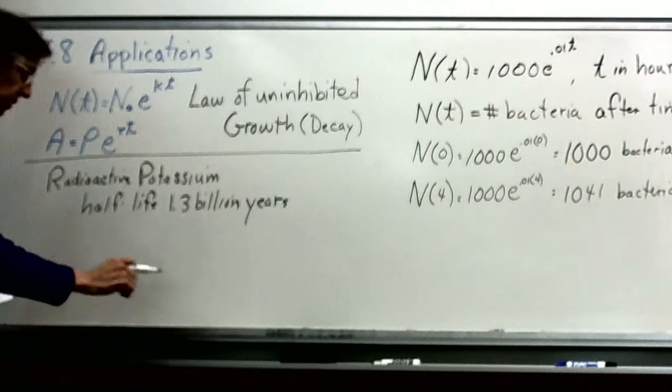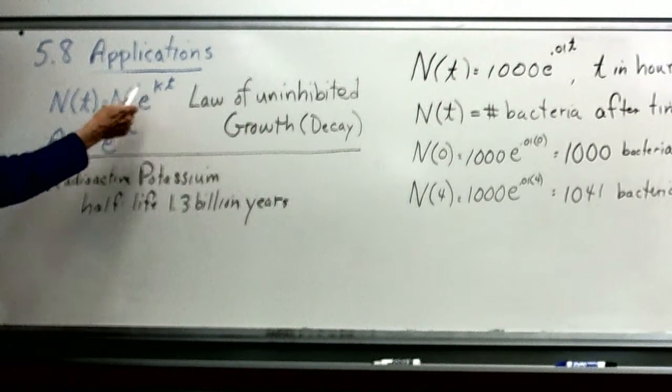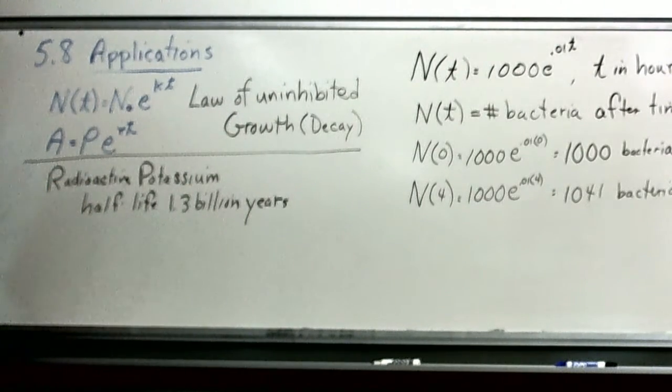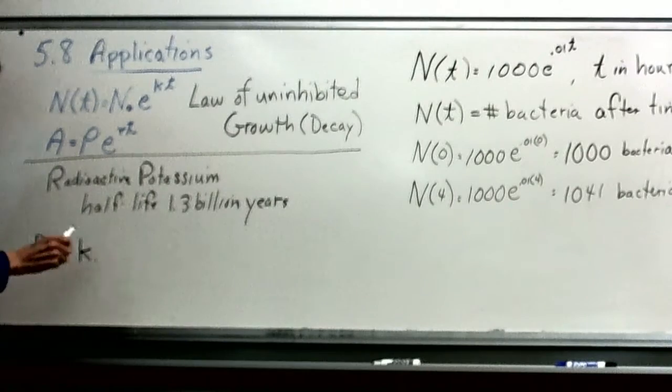And we can use our formula up here for uninhibited growth, except what will happen is that k, the constant in the exponent, will end up being a negative number. Well, the first thing we have to do is find the constant k.